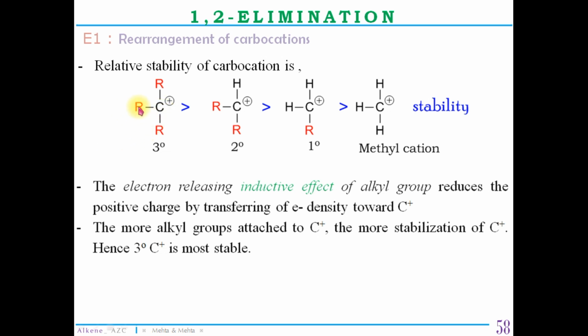The more alkyl groups attached to the carbocation, the more the stabilization of the carbocation, and therefore tertiary carbocation is most stable and methyl carbocation is least stable.